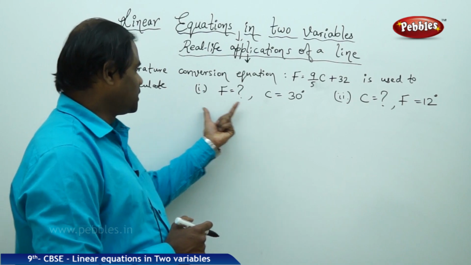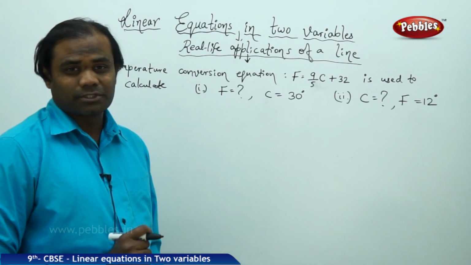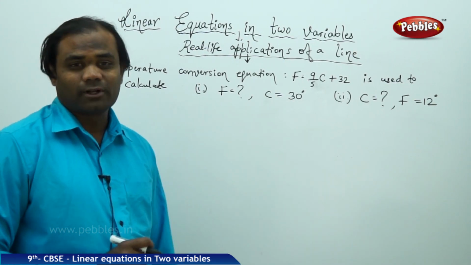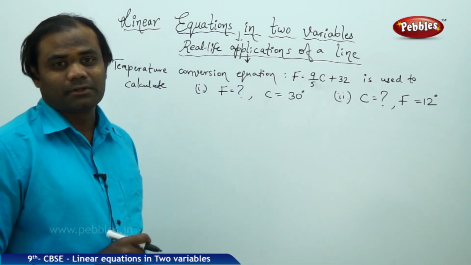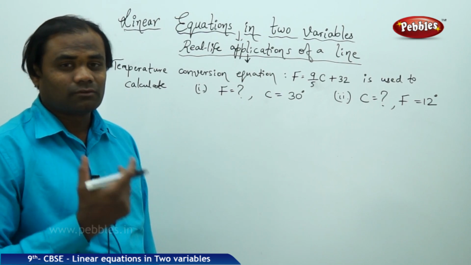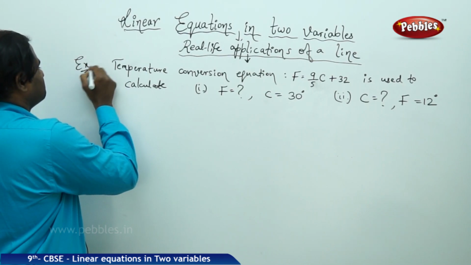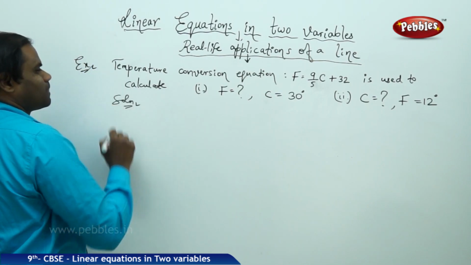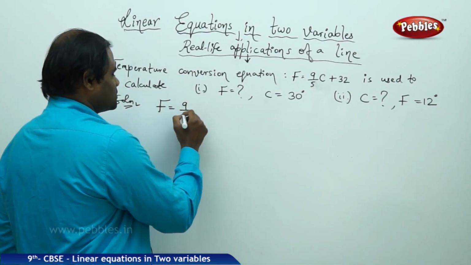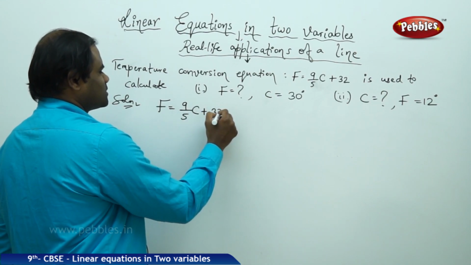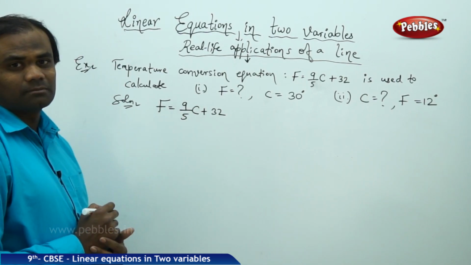So in the initial case I have the centigrade temperature given as 30 degrees, for which I want to know the respective Fahrenheit temperature. So for this centigrade temperature, I would like to find the temperature in F, its conversion in the Fahrenheit scale. So let's see how we can do that. The given conversion equation, the linear equation, is F equals 9 by 5 C plus 32, which is clearly in the form y equals ax plus b.